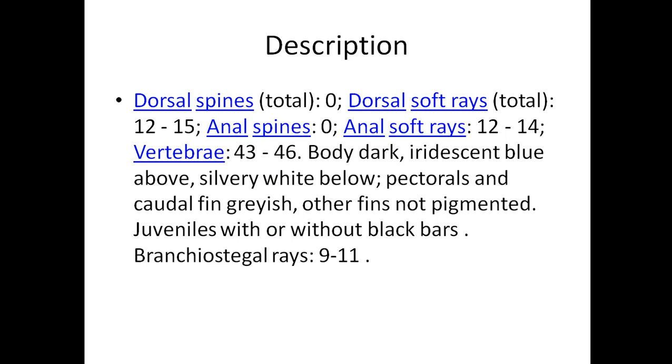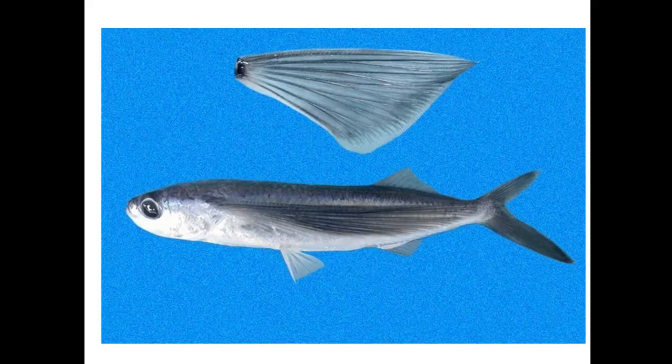The body is dark but iridescent blue from above and silvery white below. Pectoral and caudal fins are greyish and not pigmented. See, this is one cut fin. In the hypobatic tail you can see the dorsal lobe is short and the ventral lobe is long.